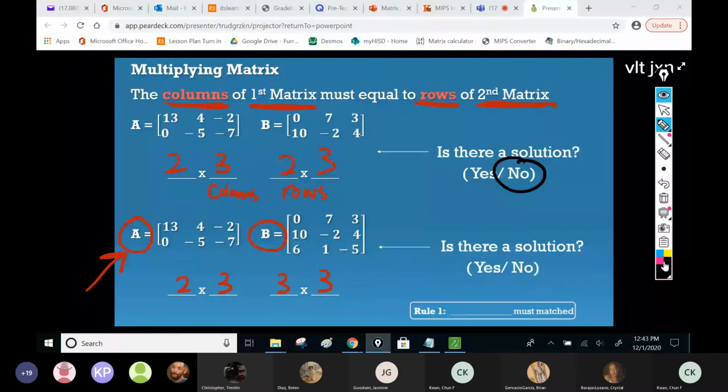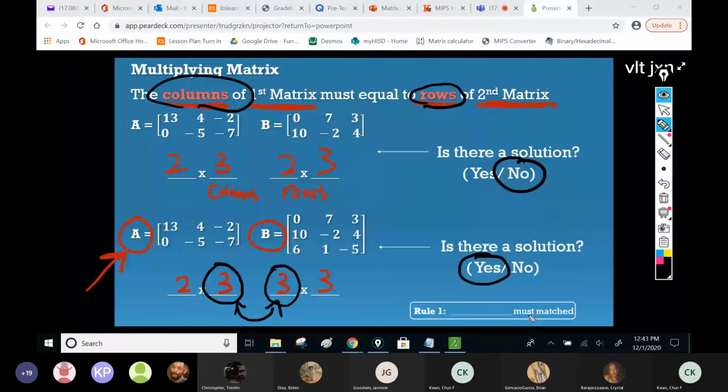Once again, I have to check the columns of the first matrix and the rows of the second matrix. If these two numbers match, and in this case they do because they are both 3, then yes, there is a solution.